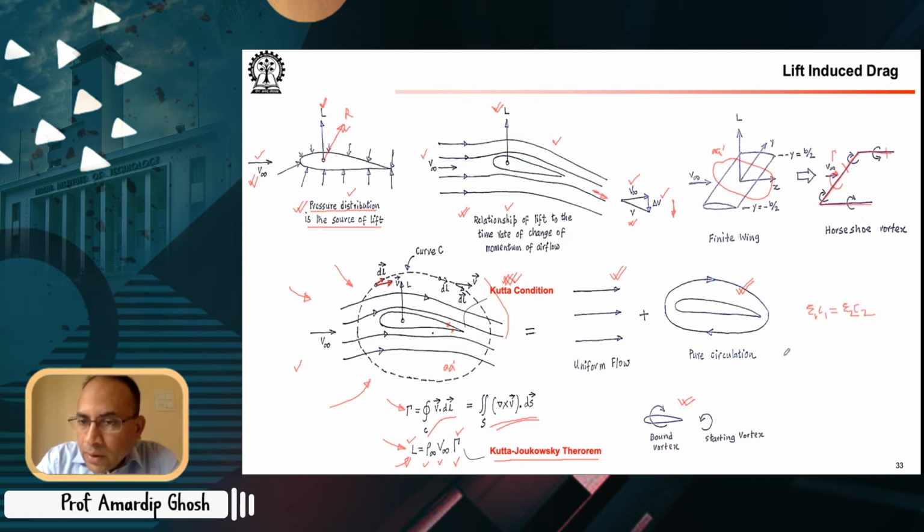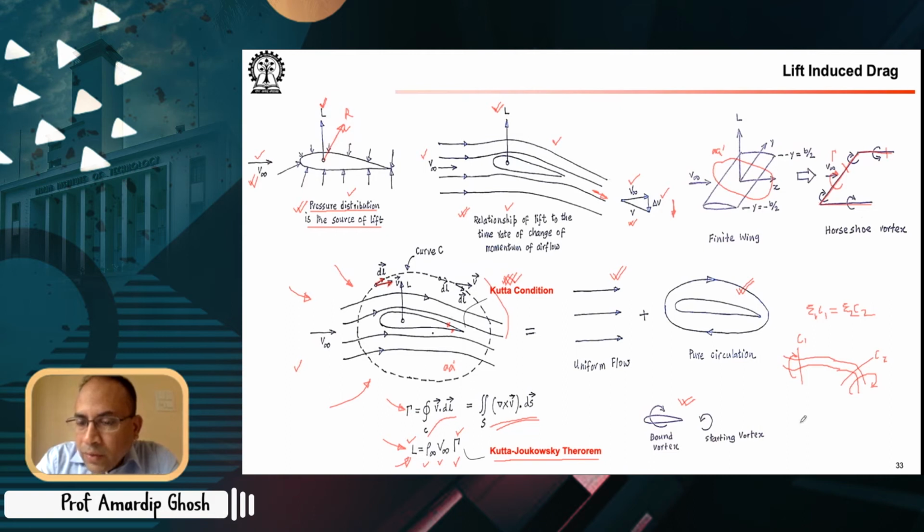Depending on how your vortex tube or vortex filament is moving in 3D space, if you take any cross section, area C1, area C2, then the circulation here will be the same as the circulation here. And this is because of the divergence-free nature of the vorticity field. And we will see this thing. Here, since we have no other vortex filament, whatever is here will go into this one.